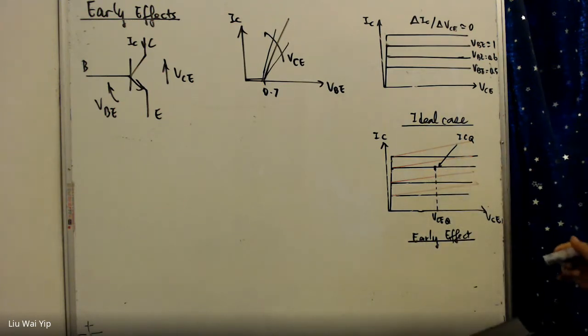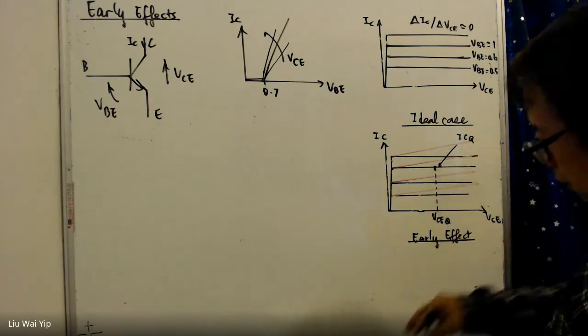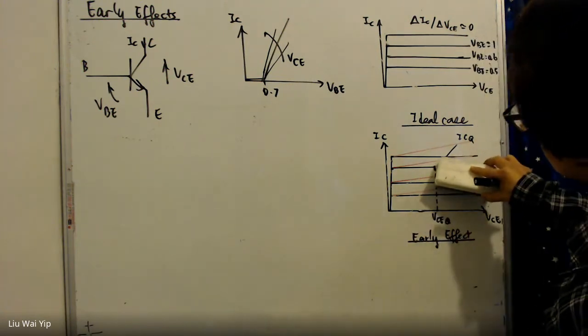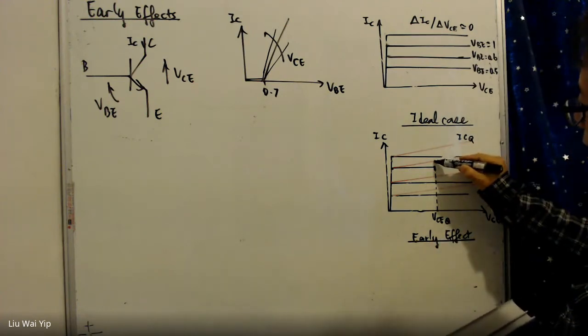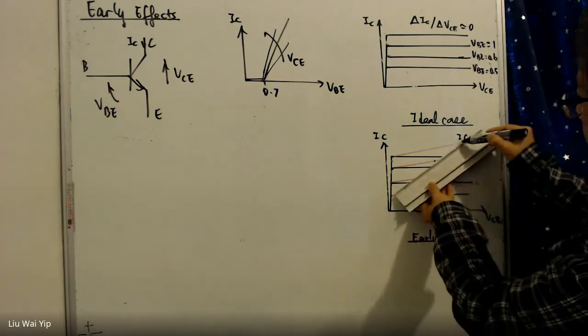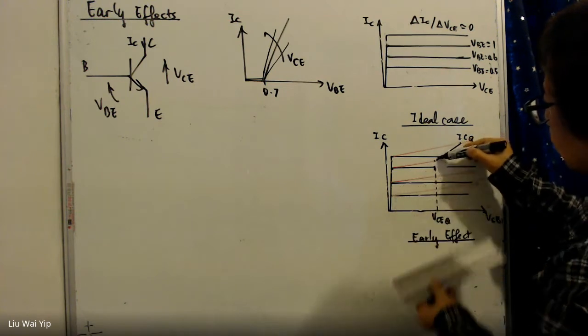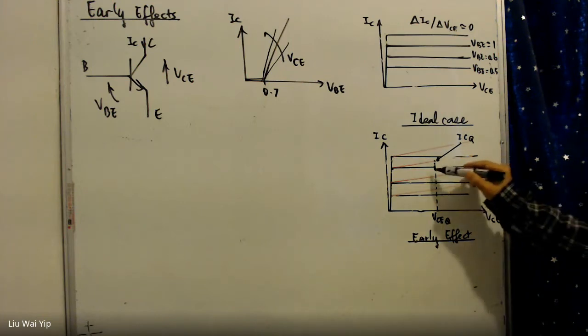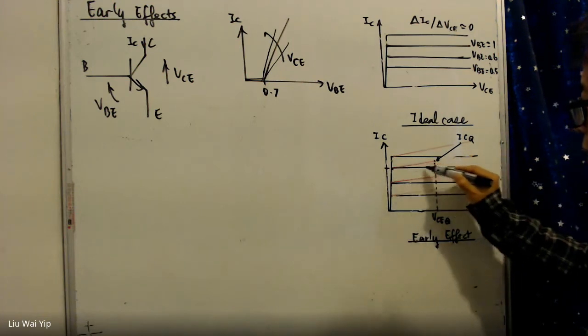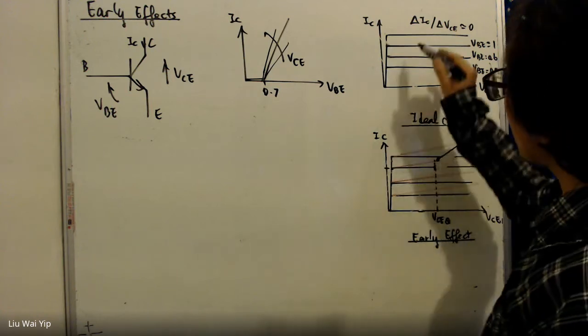And the actual current that you are measuring is higher. So this will be your current. How about this current? This current is the ideal one.